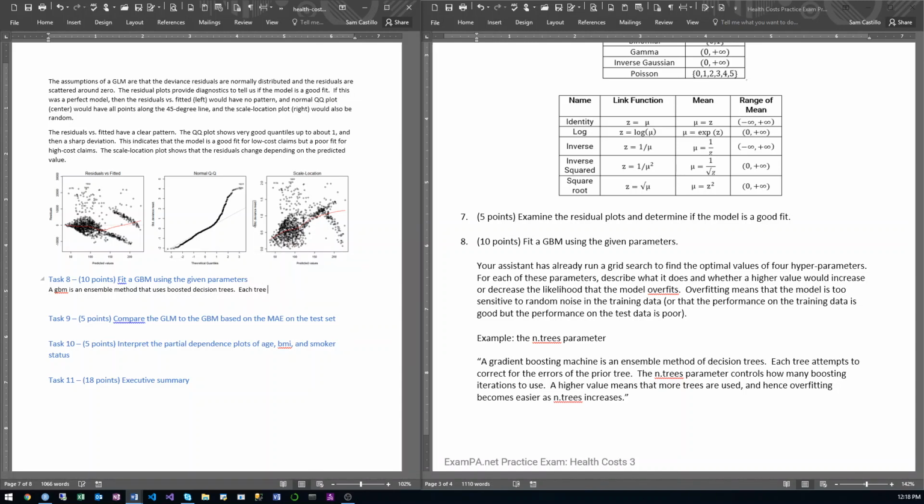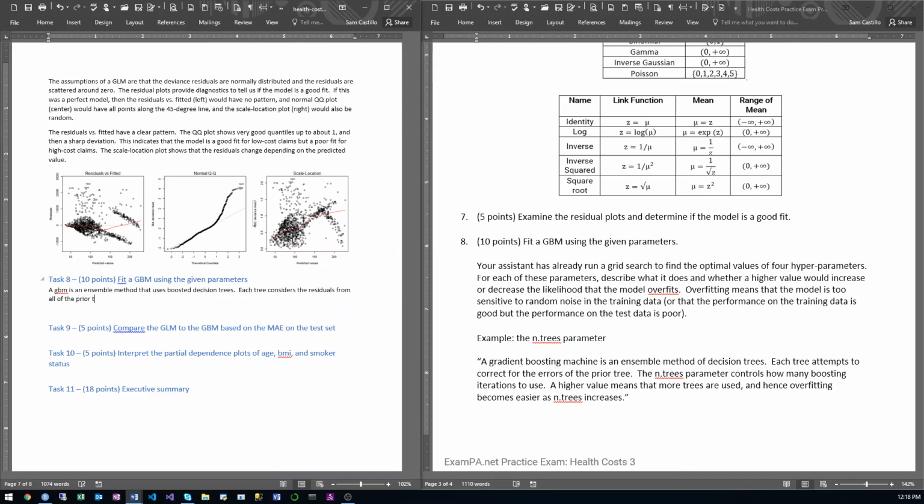Let's keep this at a higher level. Each tree considers the residuals from all of the prior trees, and the model iteratively improves by adding more trees.